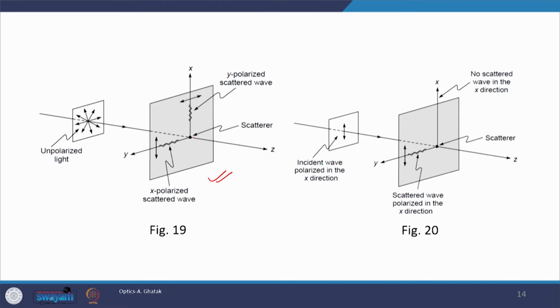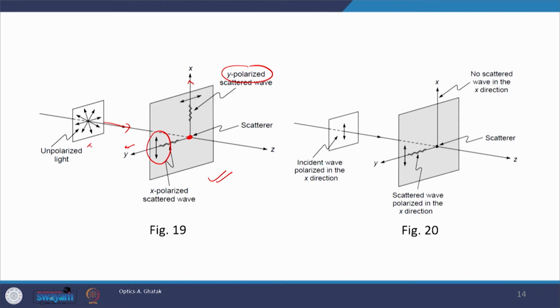Now, this is our scatterer or the gas molecule on which we are launching unpolarized light. Now, in the x direction we will receive light which would be y polarized, while in the y direction we will receive light which would be x polarized.